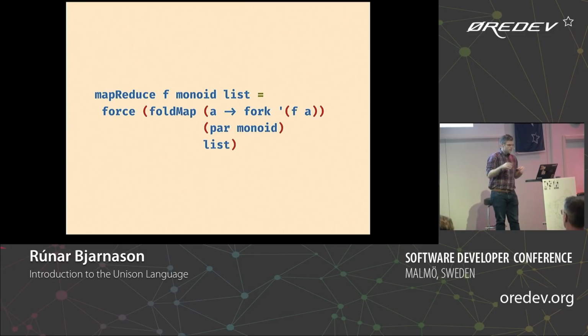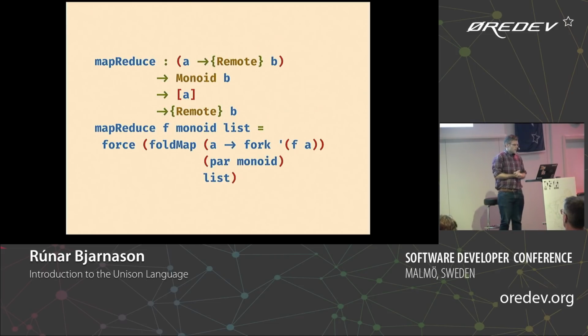So we map that over the list. And then there's a monoid with which to reduce. A monoid is just a method of combining values together. So this will potentially spawn computations on a bunch of nodes, accumulate in the monoid in a distributed fashion, and then return a single result. And it's a pretty small Unison program that does all of these things.